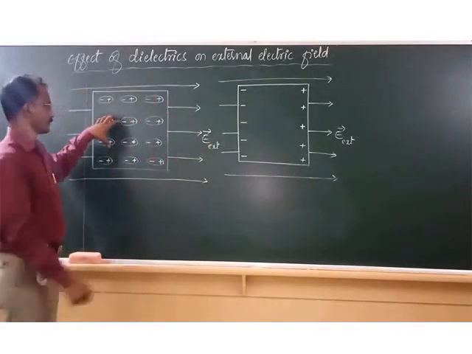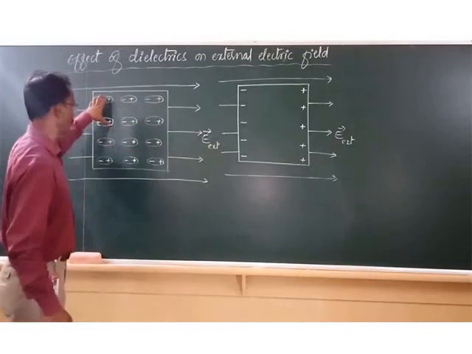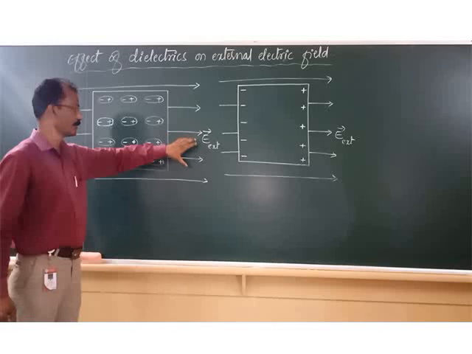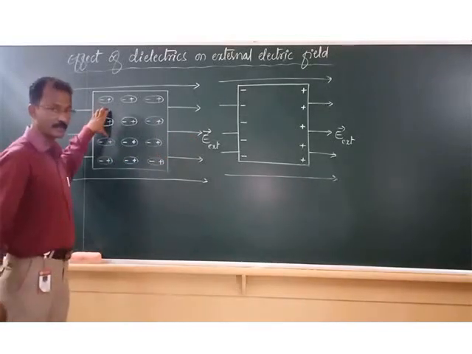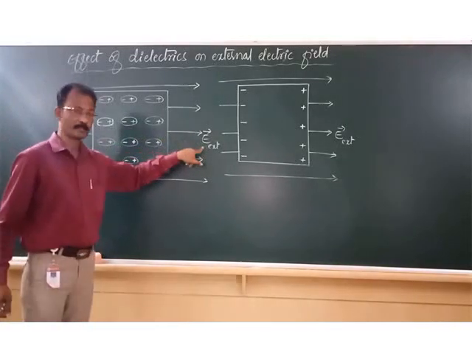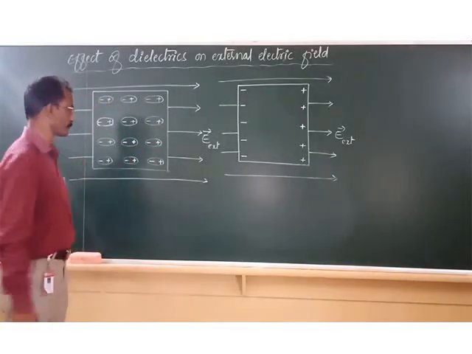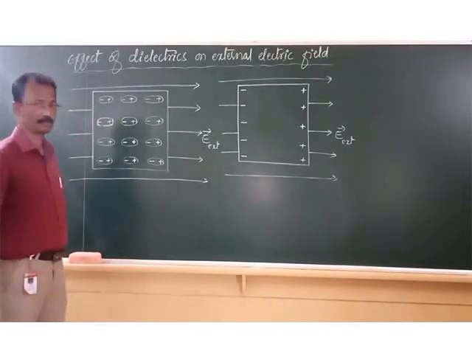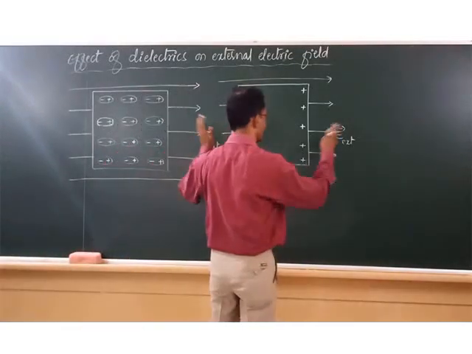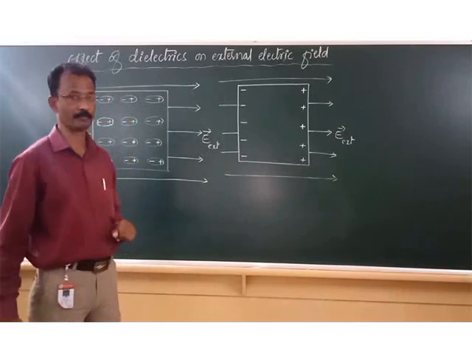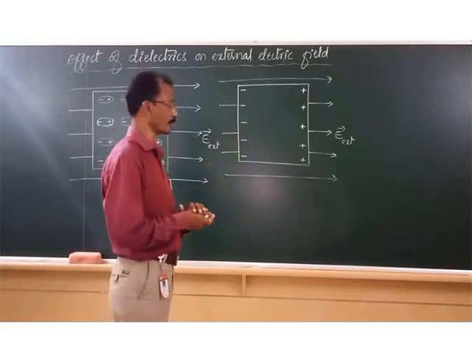So when these dielectrics are placed in an external electric field, the dipolar molecules are aligned with the external electric field and produce a net dipole moment in the direction of the external electric field. Then the dielectric slab is said to be polarized. In the polarized dielectrics, as the applied field increases, these stretch further.